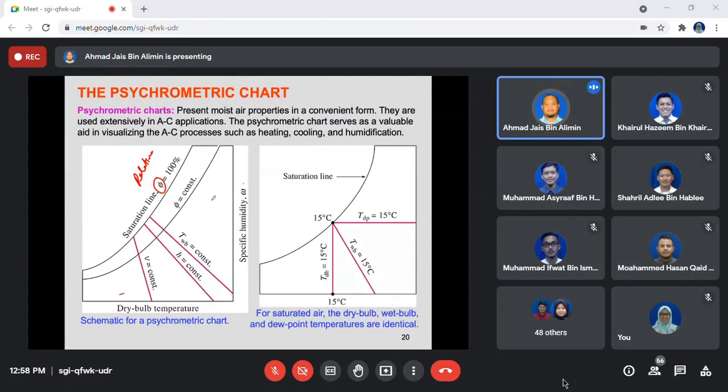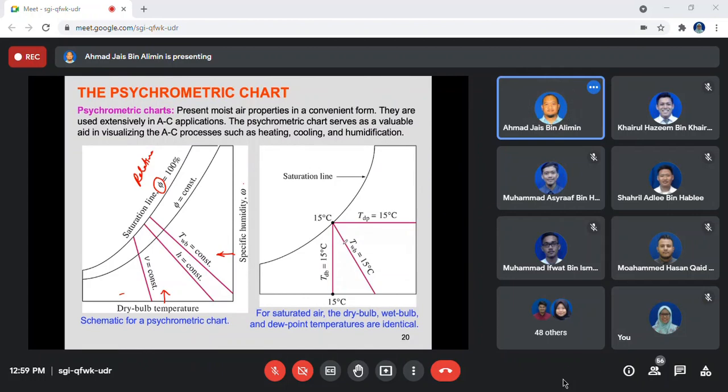And then we have the wet bulb temperature. Okay, and then the horizontal line is specific humidity, the horizontal axis, and the vertical lines are the dry bulb temperature. Okay, so this is the sketch for the psychrometric chart.